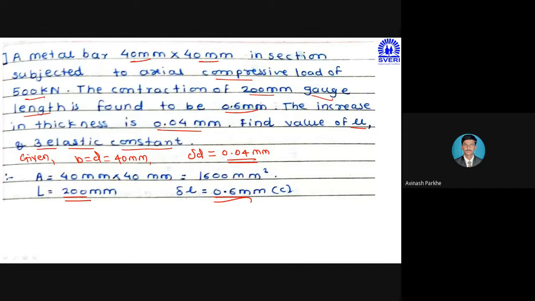The applied load P is 500 kilonewton, which is equal to 500 into 10 raised to 3 Newton. And we have to calculate mu, Young's modulus E, K, and G also.